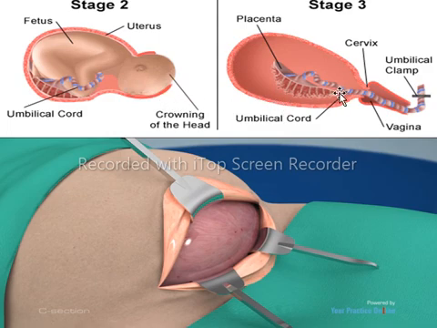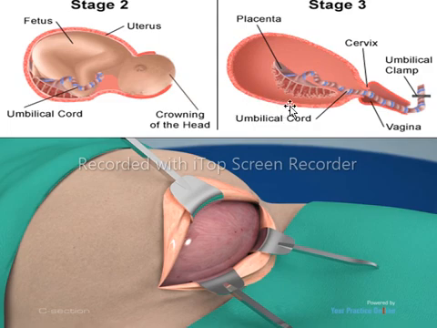Stage 3 of labor is basically the delivery of the placenta from the uterus, and here is the umbilical cord, which is the connection between the baby and the placenta. In stage 3 of labor, the placenta is slowly detaching from the uterine lining.